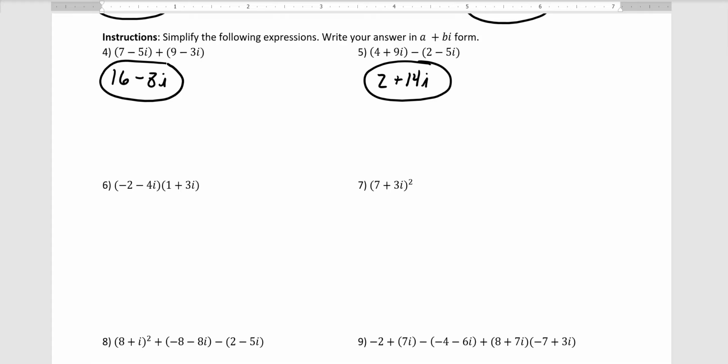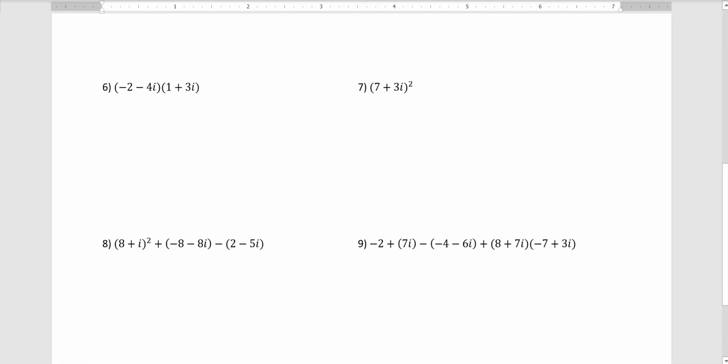If we multiply, remember we've got to distribute, of course. Looking at number 6 here, negative 2 times 1 would be negative 2. Negative 2 times 3i would be negative 6i. Negative 4i times 1 would be negative 4i. And negative 4i times 3i would be negative 12i squared. Now, the key here, remember that i squared equals negative 1.